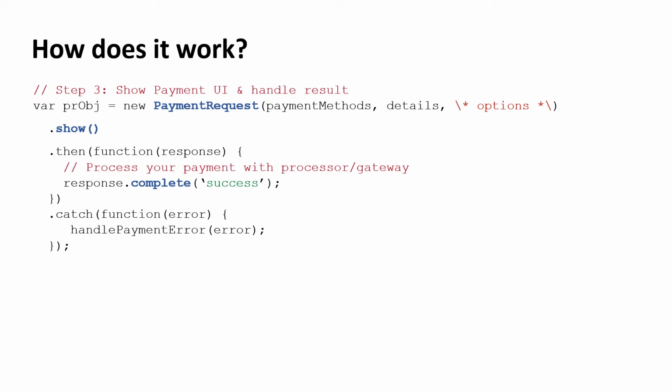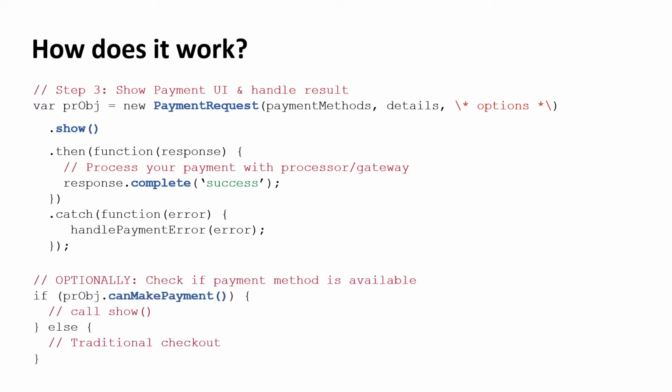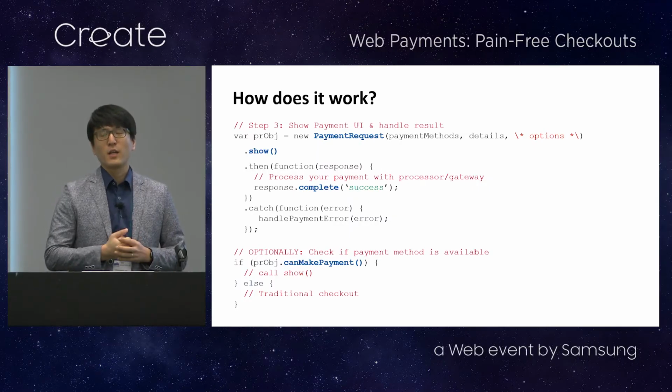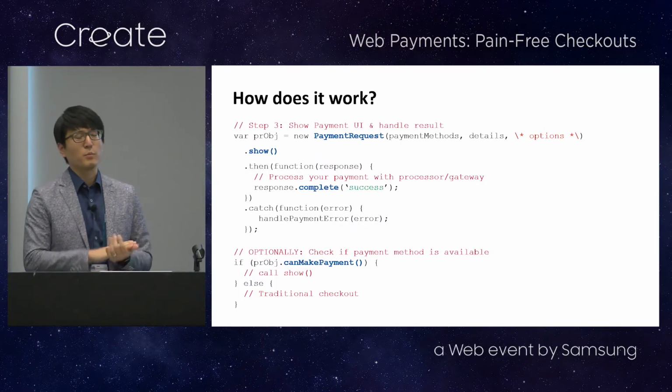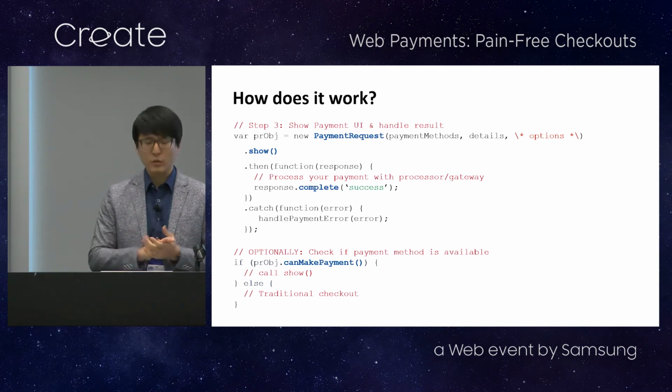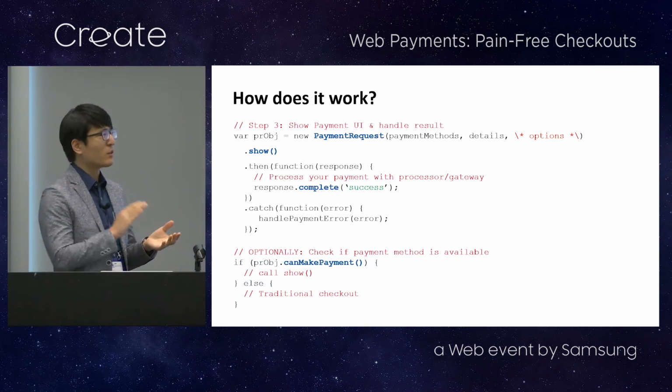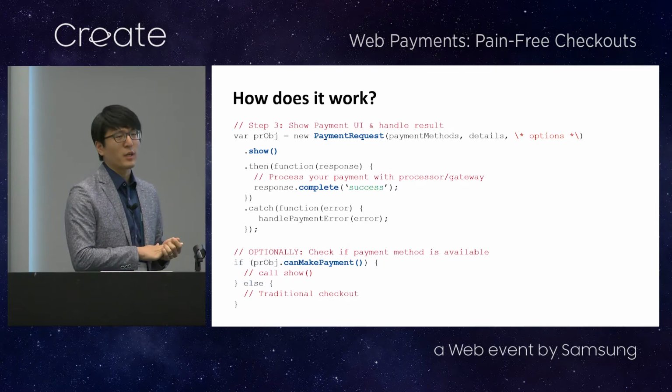Before calling the show API, we recommend you use the canMakePayment API before calling the show function, because this API, as Mahesh mentioned, is based on a standard and is cross-platform and cross-browser, but there are some browsers that don't support this API.